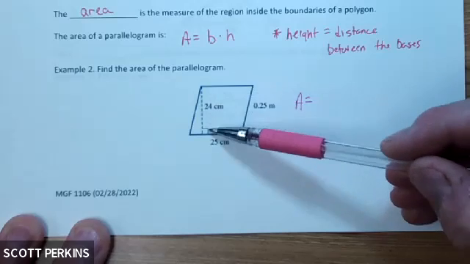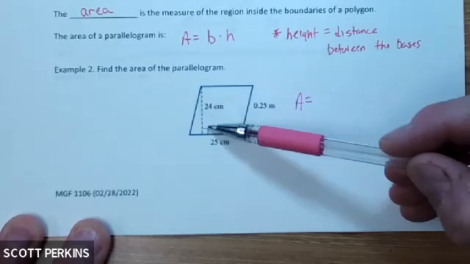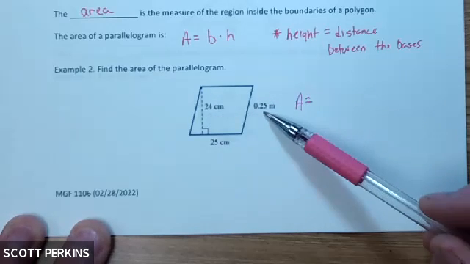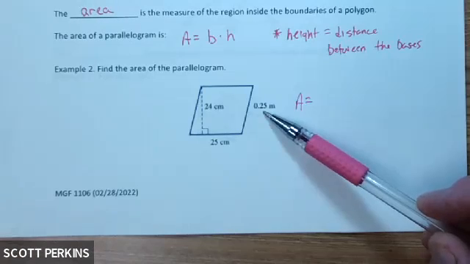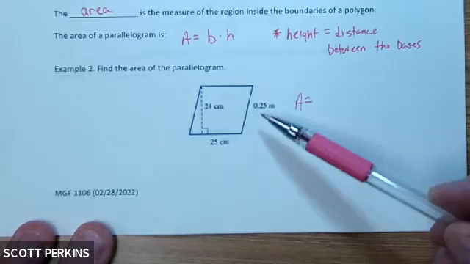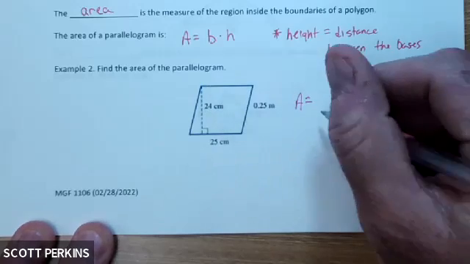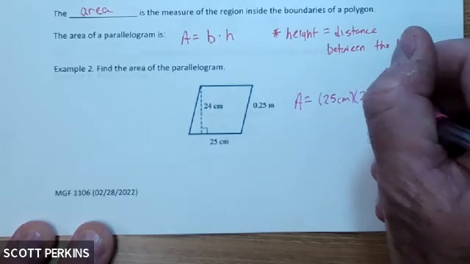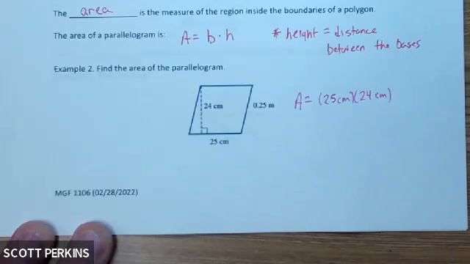So that means it's the measure of one of those parallel lines that forms the base. Okay, so this 0.25 over here, that is arbitrary. That's just given as a distractor. That's not the height of the parallelogram. The height is the distance between the bases. So it's the 25 centimeters times the 24 centimeters. The 25 is the base, the 24 is the height.